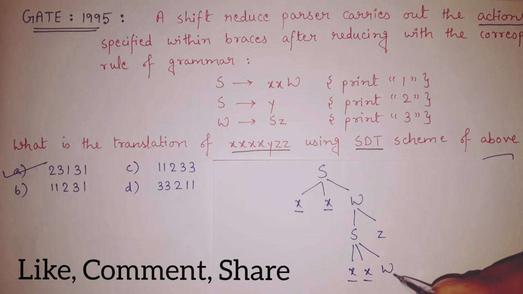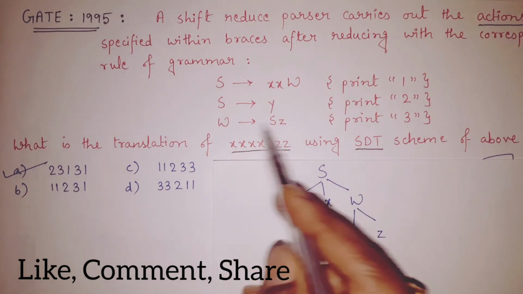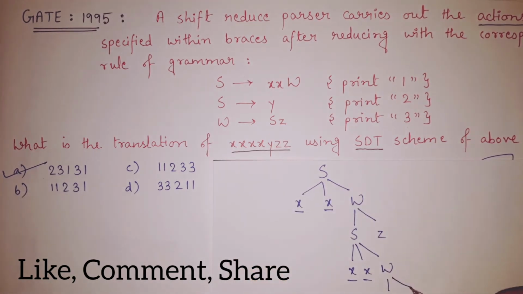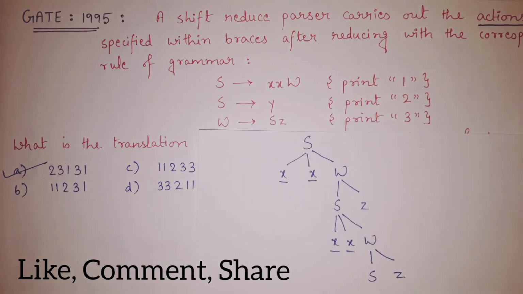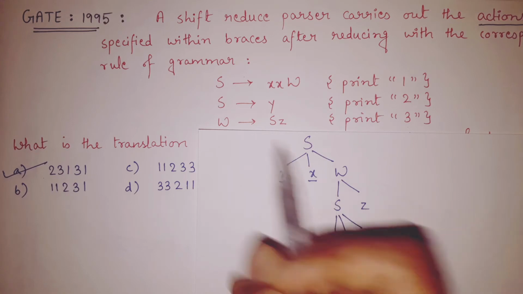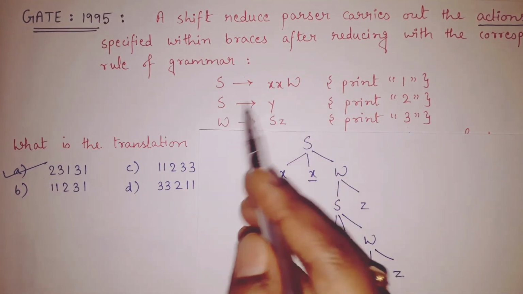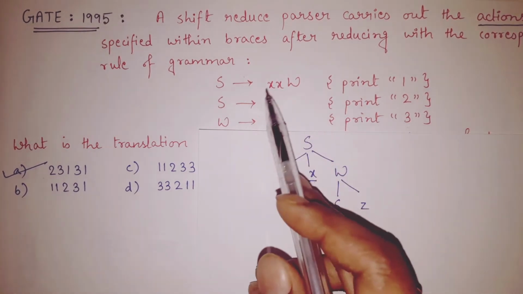I have to expand this W. I can expand this W with S and Z. Now Z is again terminal, and now I have to expand this S. I can expand S with the help of XXW or Y, but I don't want any more x.